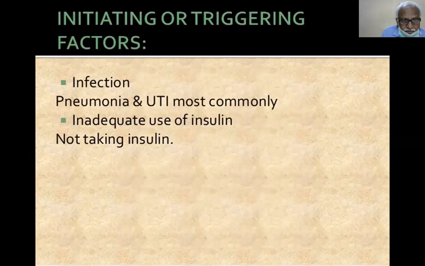Infection is the main reason, the initiating or triggering factor. When a fellow is subjected to infection, you should not depend on oral hypoglycemic agents. We have to immediately put him on insulin.